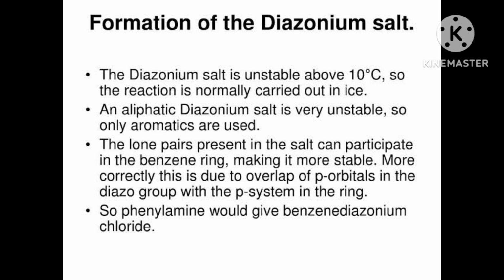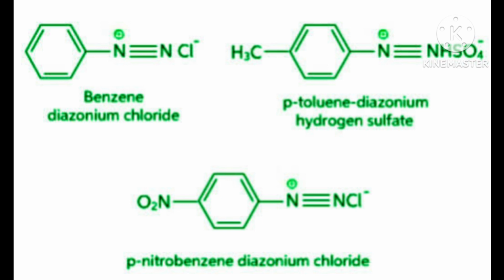Then the Cl- from CuCl comes and joins the aryl cation, and it forms ArCl. The other product is nitrogen gas. This is the first condition. Here X- in ArN2+X- you can consider as Cl. Now you can see the second condition.